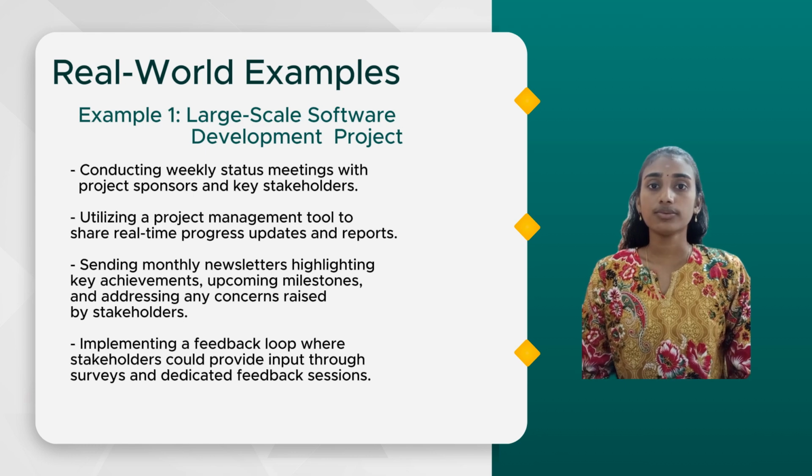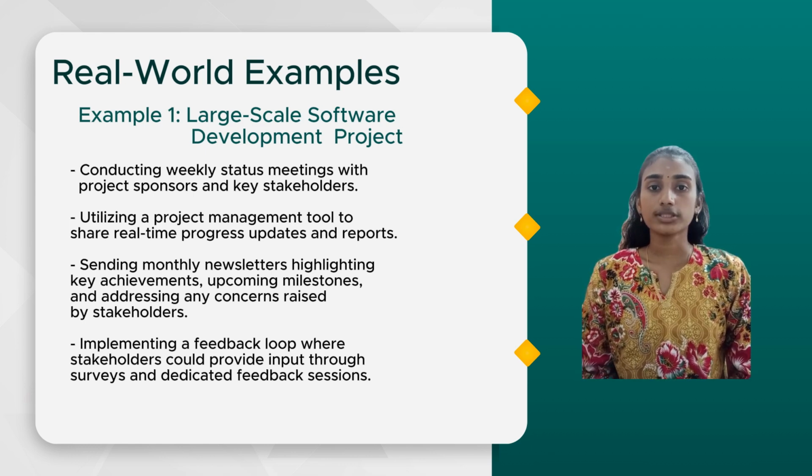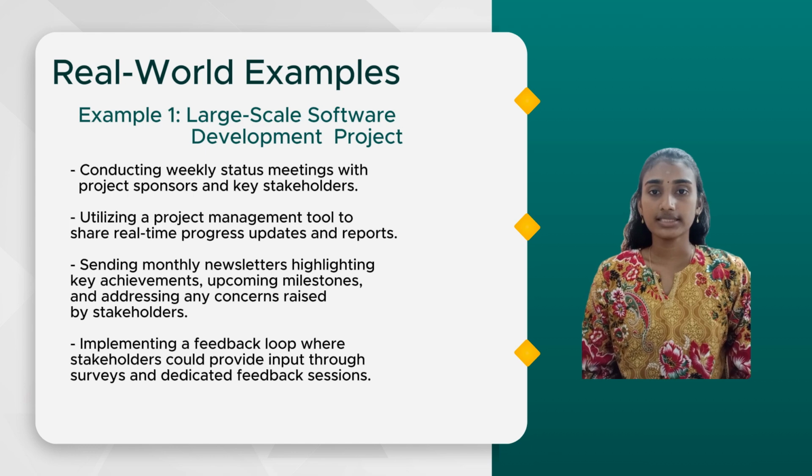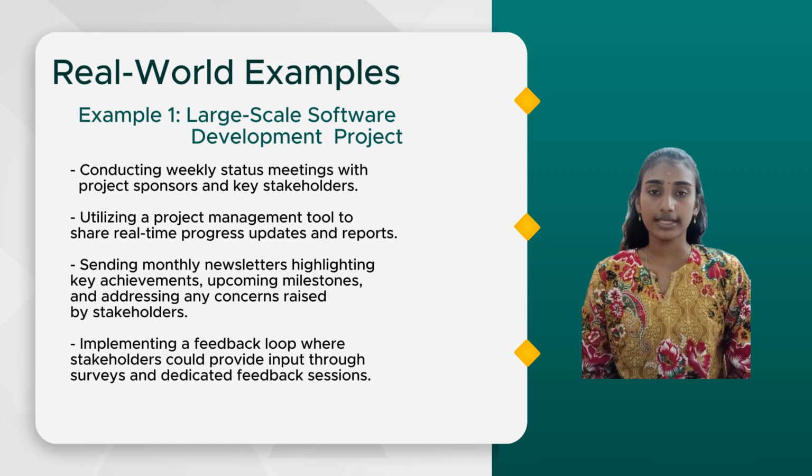Monthly newsletters were sent out to highlight key achievements, upcoming milestones, and address any concerns raised by stakeholders. Additionally, a feedback loop was essential, where stakeholders could provide input through surveys and a dedicated feedback section, ensuring their voices were heard and their concerns addressed promptly. Here we can see that following the key concepts helps to avoid some issues between the stakeholders.